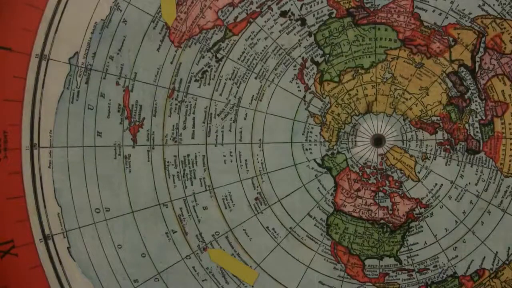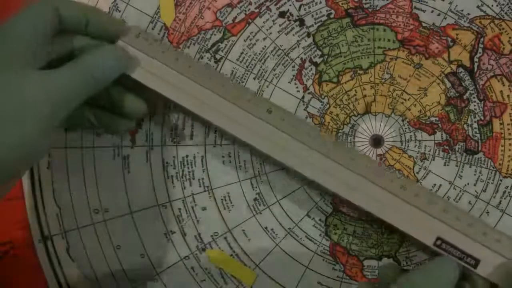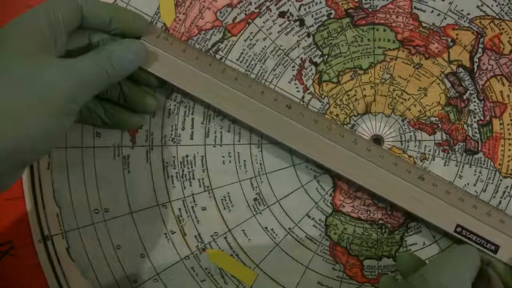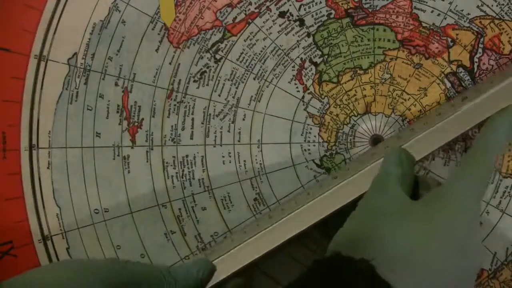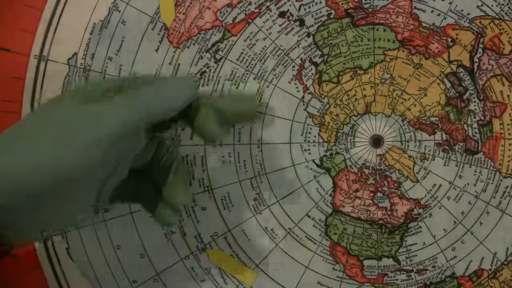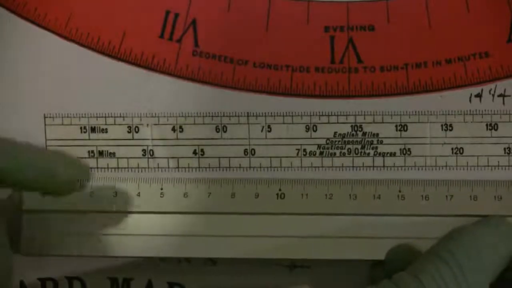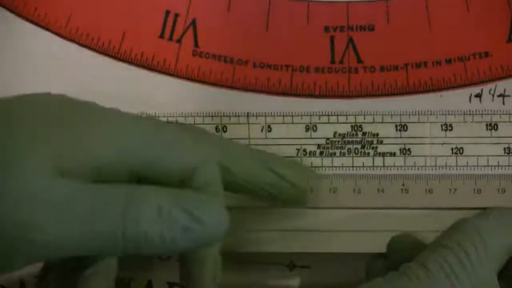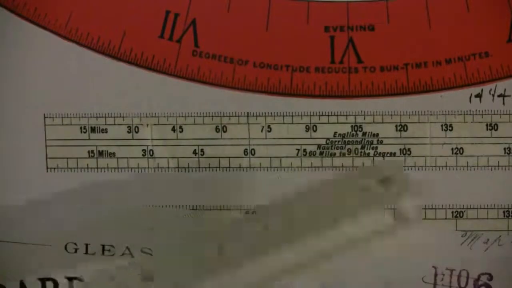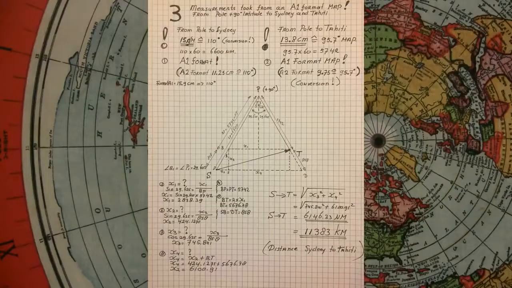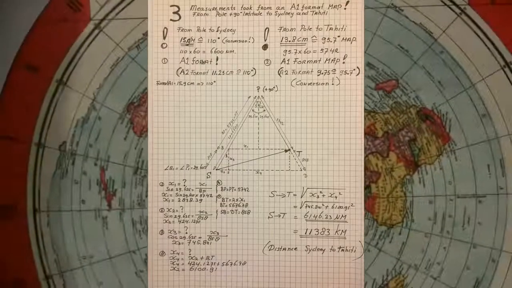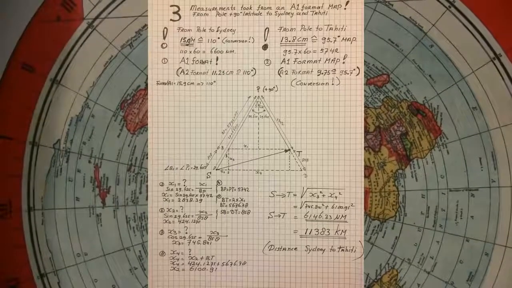The third measurement, I measure the distance to the center for both Sydney and Tahiti, and then the angle between those two, and use the conversion to convert it to nautical miles, and then 60 miles to the degree. If you have an A2 size map, I did the measurements as well.